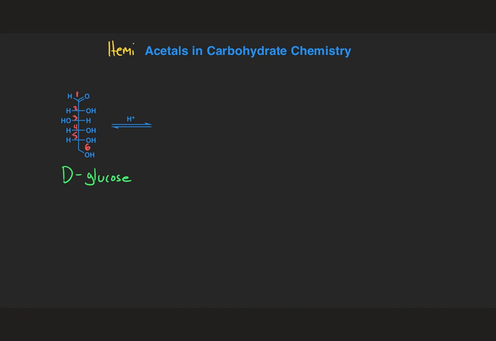And so this oxygen is going to swing around and attack that carbonyl, but only after it's been protonated with our acid catalyst. So I'm going to go ahead and draw in a proton. So the very first step is protonating the aldehyde, and then this oxygen swings around and attacks and forms a 6-membered ring that's going to look like this.